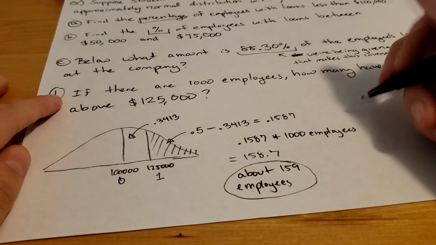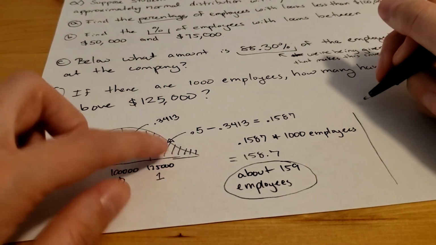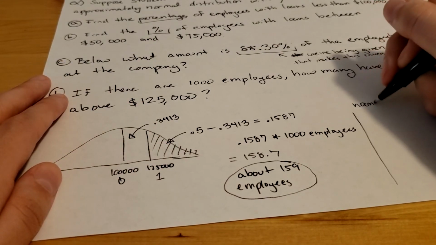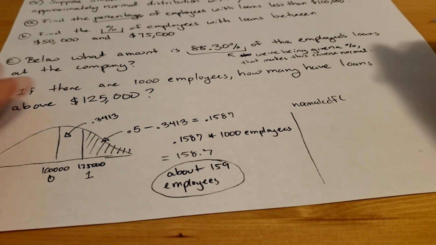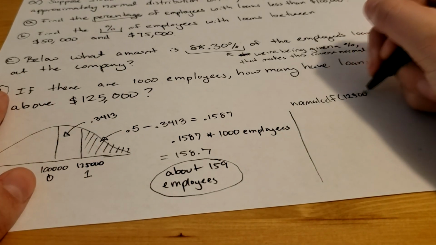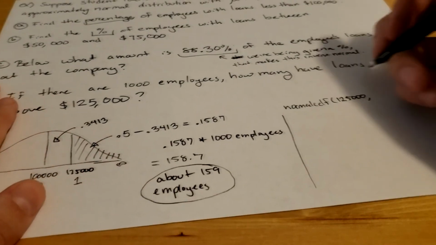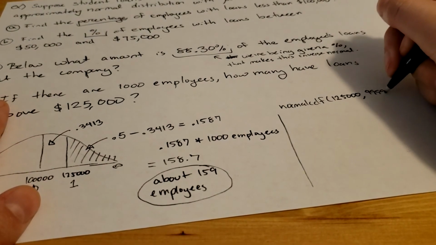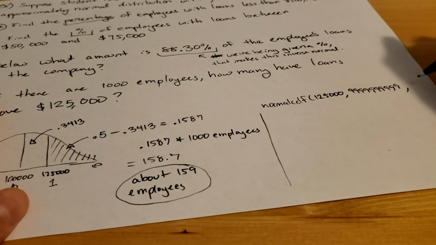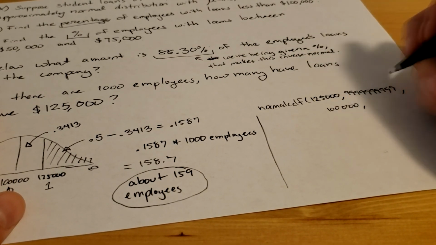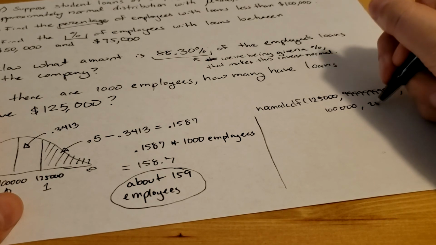Now let's say that we wanted to do this on the calculator. To figure out this piece of area, we would go to normal CDF. We know that 125,000 is our lower limit. Our upper limit now is going to be positive infinity because we're going off in this direction, so it's just a lot of nines. Then our mean was 100,000. Our standard deviation was 25,000.